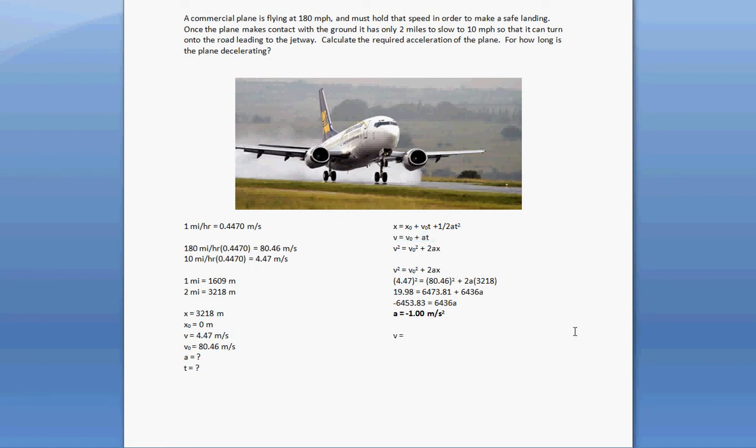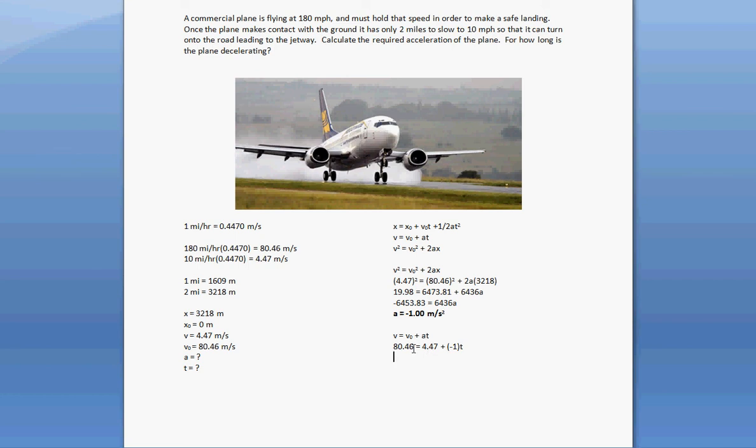So v equals v naught plus at. Plugging in, our final velocity again was 80.46. The starting velocity was 4.47 plus negative 1 times t.